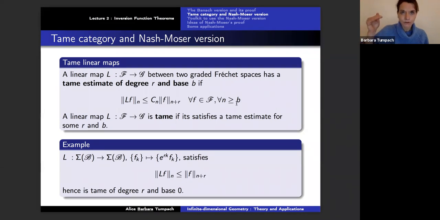So for n greater than a fixed number b, we have estimates using a shift of r on the norms. Okay, so a linear Tame map is a map satisfying this Tame estimate. For instance, I give here a Tame map which applies a sequence to another sequence with some exponential in between, and this is an example of just a shift of indices.